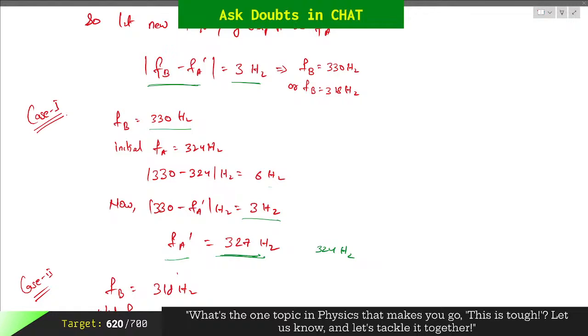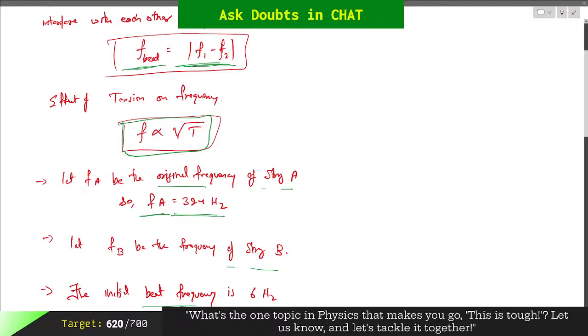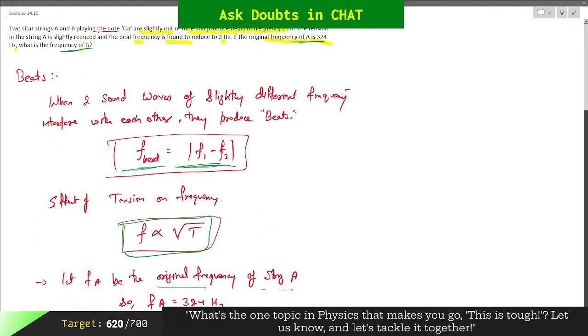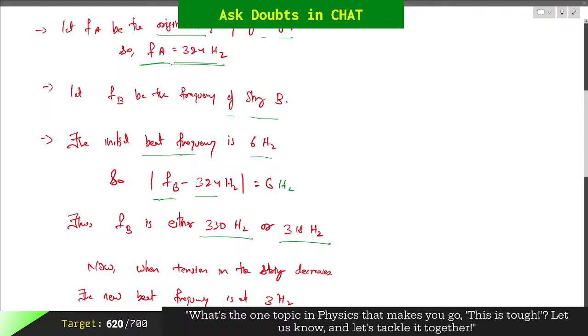So let FA be the original frequency of string A, which is 324 Hz, and FB is the frequency of string B. The initial beat frequency is 6 Hz, so FB would be equal to either 330 Hz or 318 Hz.